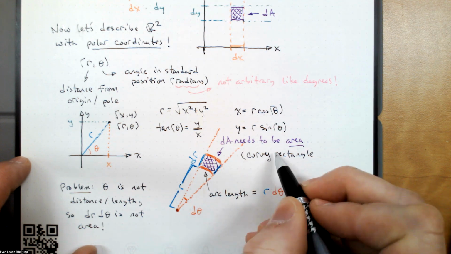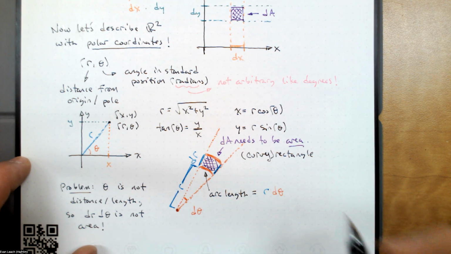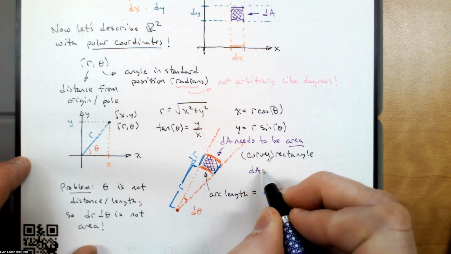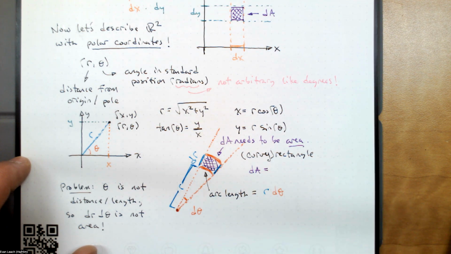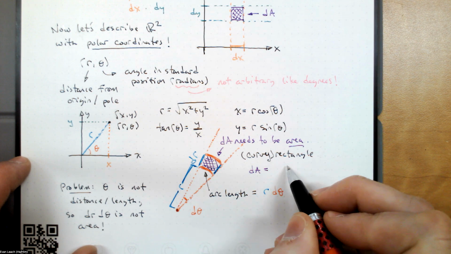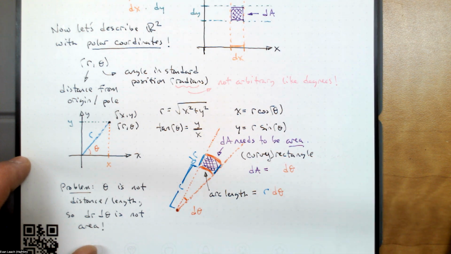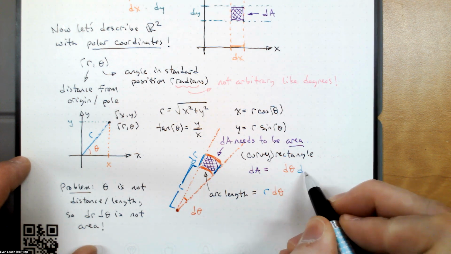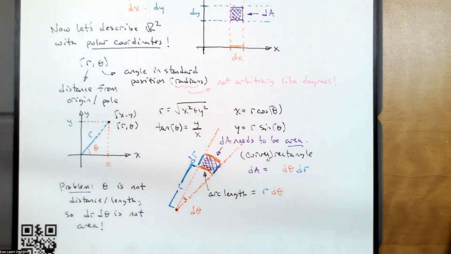So it's just kind of a curvy rectangle. So the dA is going to have not just d theta dr. D theta dr, that's not an area. Dr is in meters, but d theta is in radians. No help.